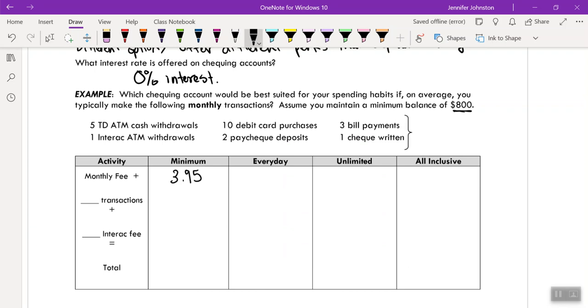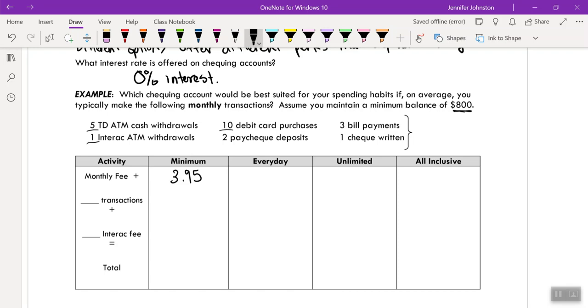And then the number of transactions here. How many transactions are we looking at? The transactions we typically make: 5 at the ATM, 10 debit purchases, so those are more transactions, right?